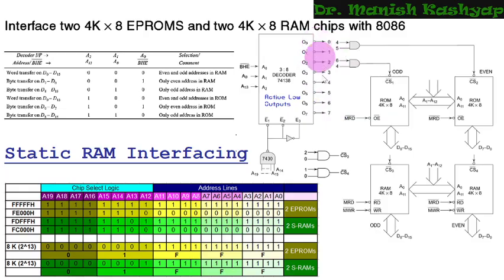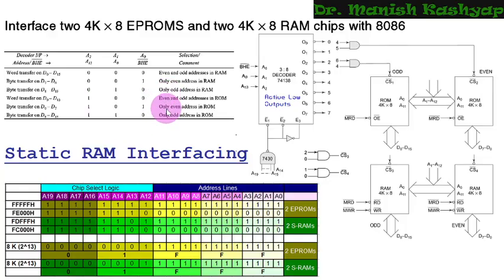Remember that the outputs that you are obtaining from this 0, 1, 2, 3, 4, 5, 6, 7 have been taken as an input of AND gate. And remember that these are active low outputs, right? So if the output corresponding to 6 and 4 is taken, so this is 6 and this is 4.